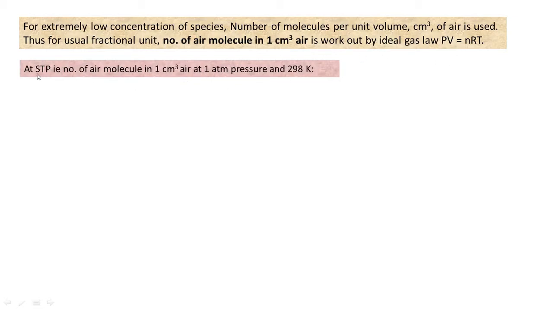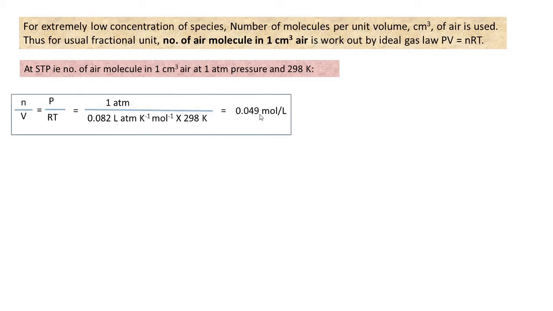At STP, that is the number of air molecules in 1 centimeter cube of air at 1 atmospheric pressure and 298 Kelvin, we can express it by this formula, the ideal gas law.